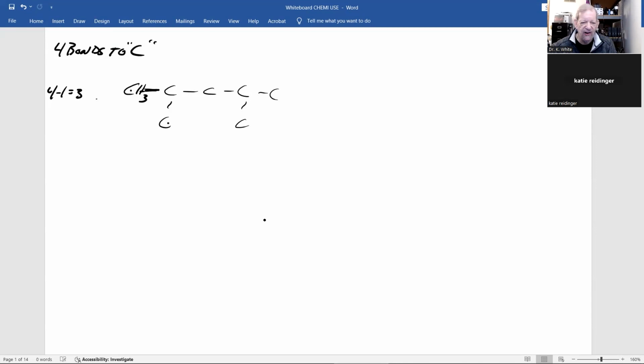We look at this carbon, and this one, same thing. It has one bond to it. This one has one bond to it. This one. So 4 minus 3, because there should always be 4 bonds to carbon, means I'll do this.